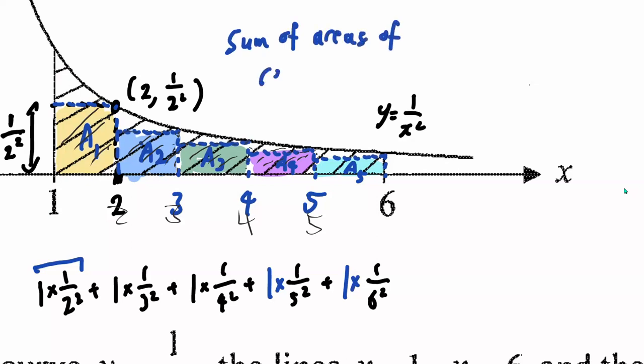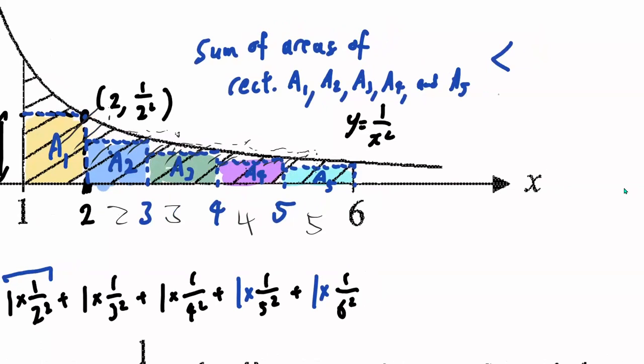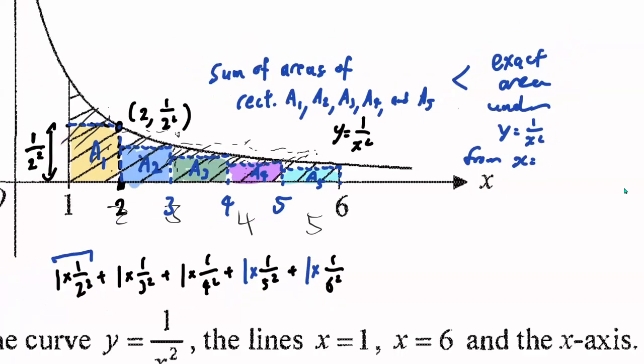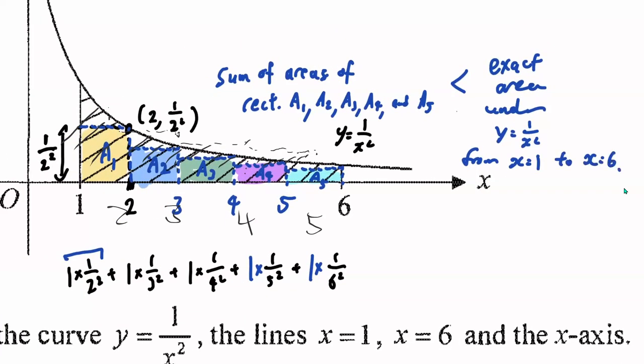Areas of rectangles A1, A2, A3, A4, and A5 is strictly less than the exact area under y equals 1 over x squared from x equals 1 to x equals 6. Okay, this is basically the application of that Desmos demonstration I showed you before. This is a test of your understanding of it.